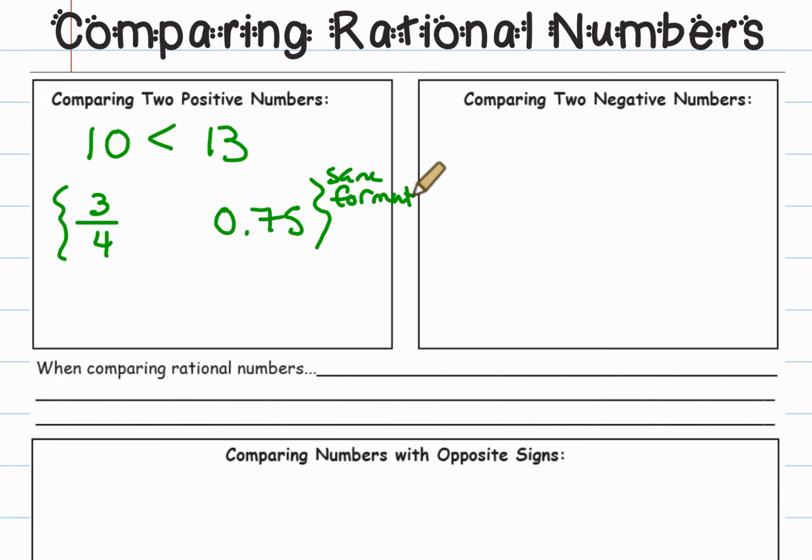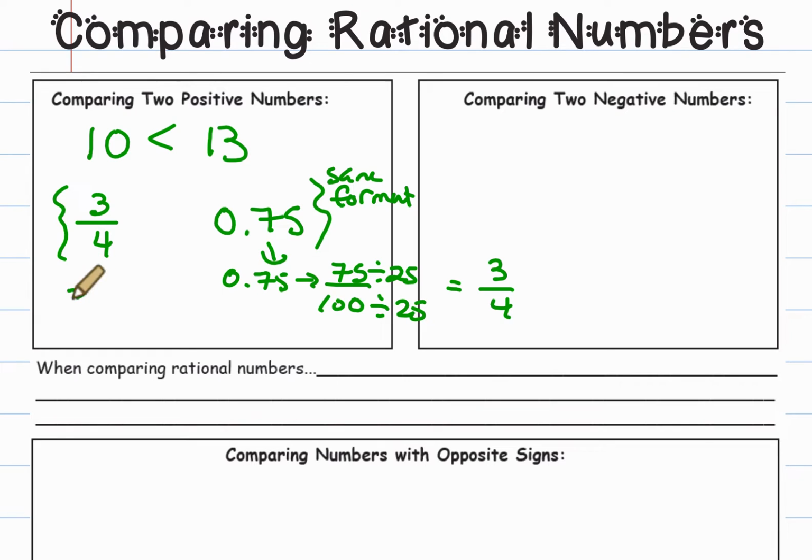We could take 75/100 and write it as a fraction using place value and then reduce. Well, 75 is divisible by 25 and so is 100. Therefore, I get 3/4. And now, comparing the two, I know that 3/4 is the same as 3/4.